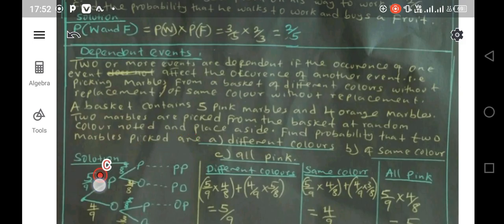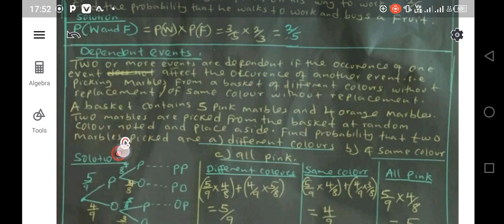We have the first picking, and then the second picking, without replacement. Let us have the first picking. The probability of picking a marble which is pink is going to be 5 over 9, because the sample space is 9. What if we pick the orange marble? 4 over 9.